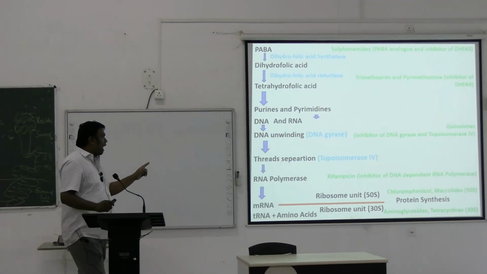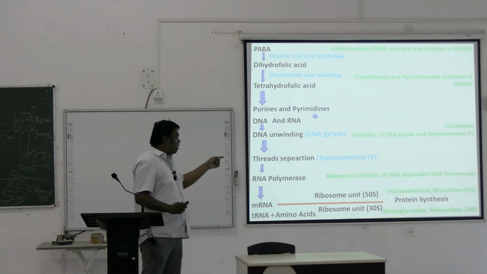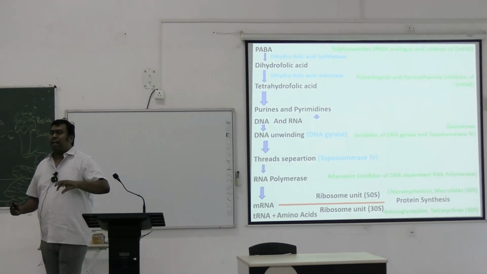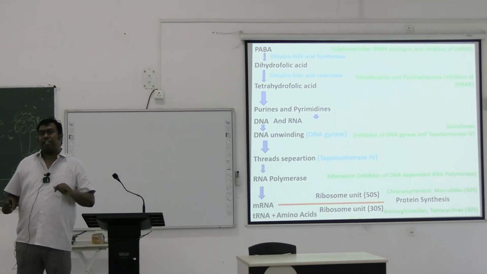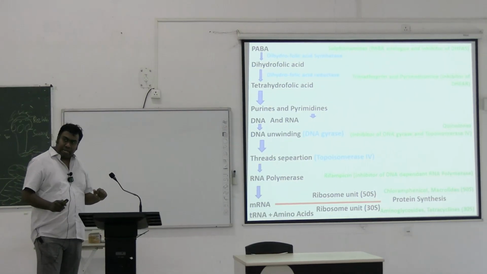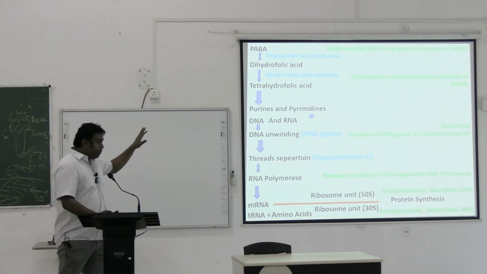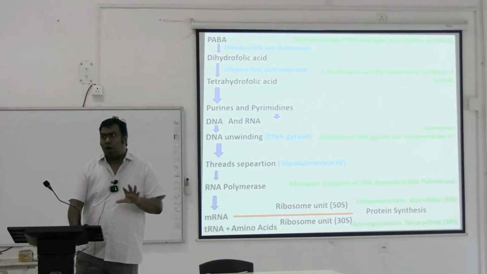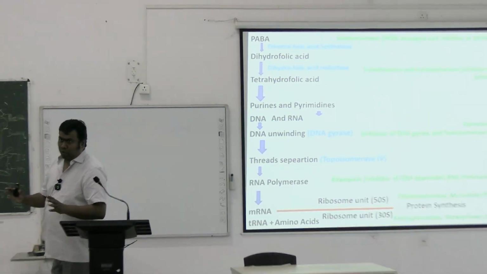Then chloramphenicol acts on 50S, aminoglycoside on 30S, and tetracycline on the interface of 30S and 50S. Clear? If you remember this, the basic mechanism of action of common antimicrobials will be covered.